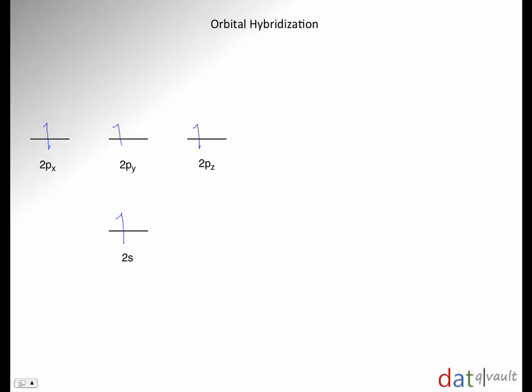If we tried to make a bond to the 1s orbital and then these 2p orbitals, we're not going to form a tetrahedral shape whatsoever, if you remember what the 1s orbital and 2p orbitals actually look like. So we have to do one other thing, and that is to hybridize these orbitals together to get 4 what are called degenerate orbitals.